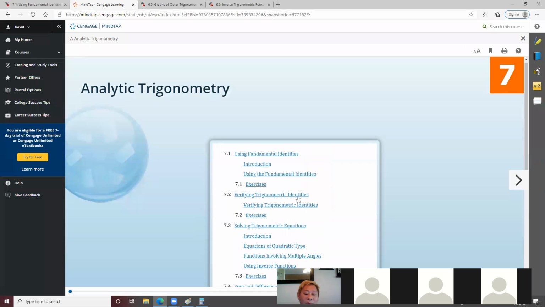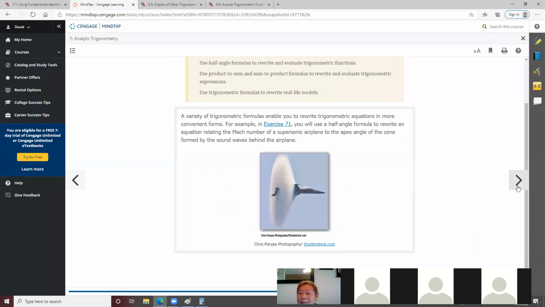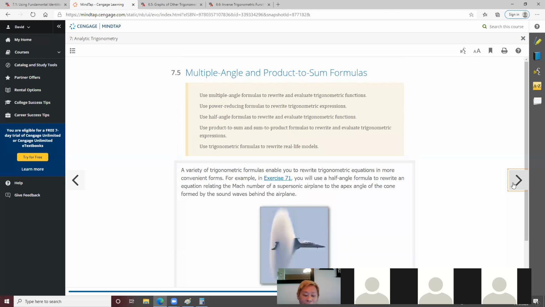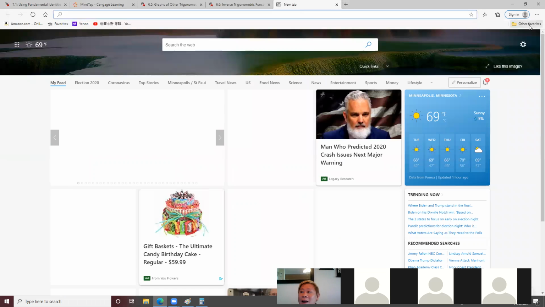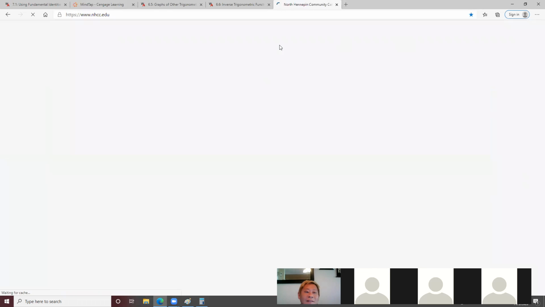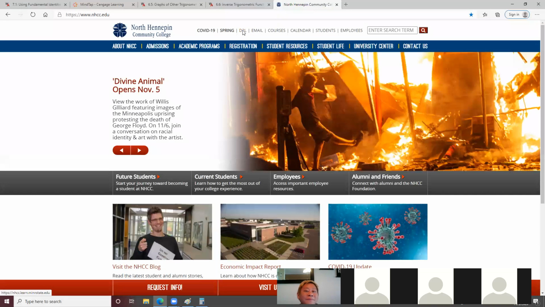If you look at 7.5, which you will cry when you look at it, the identities for 7.5 are one page long, which I will show you in my notes, and you will not like it.